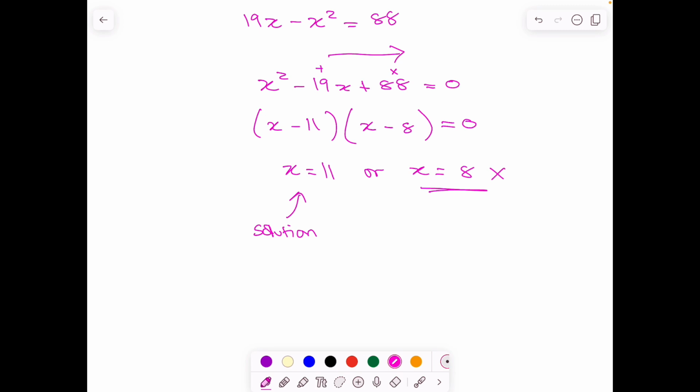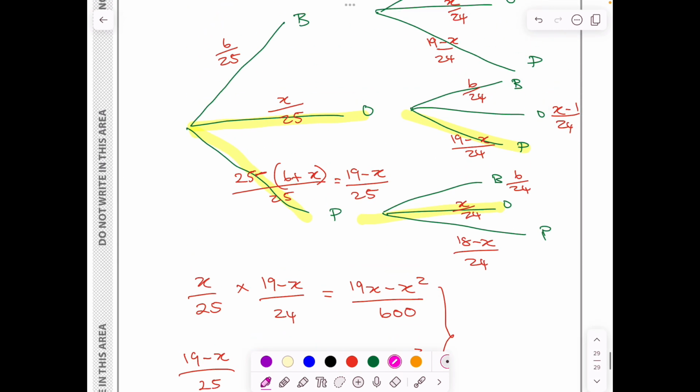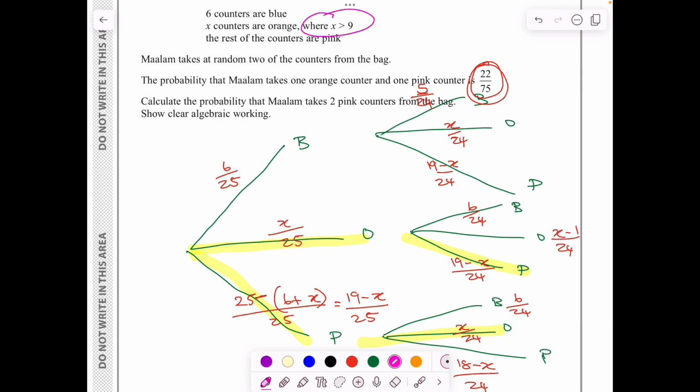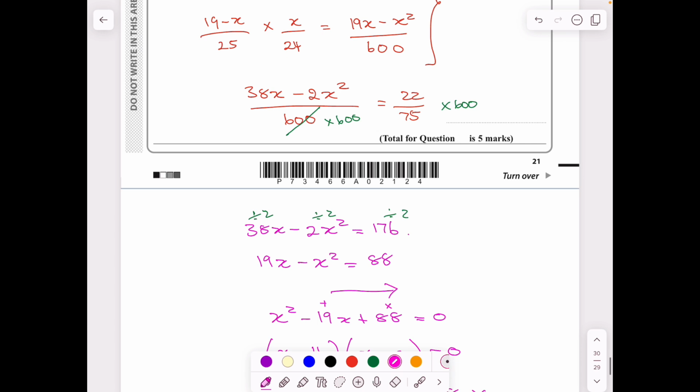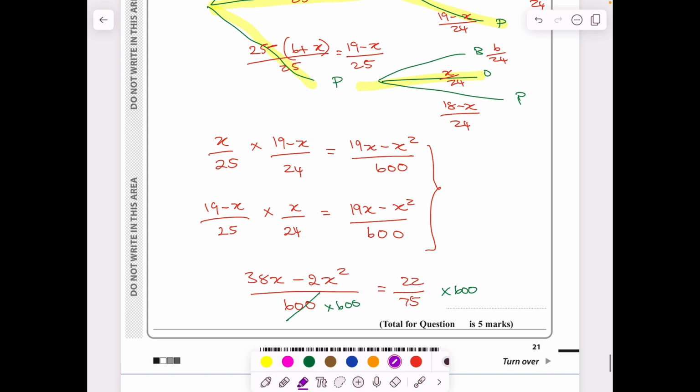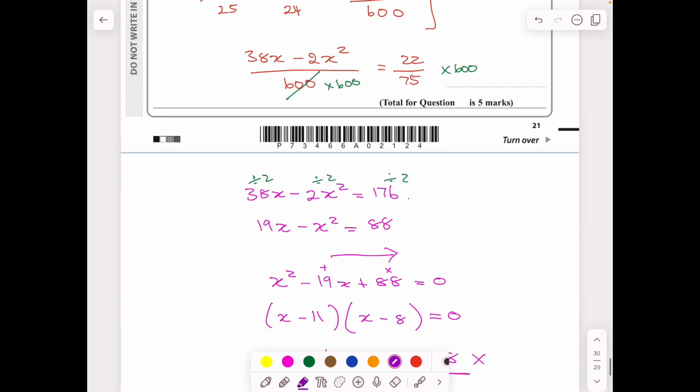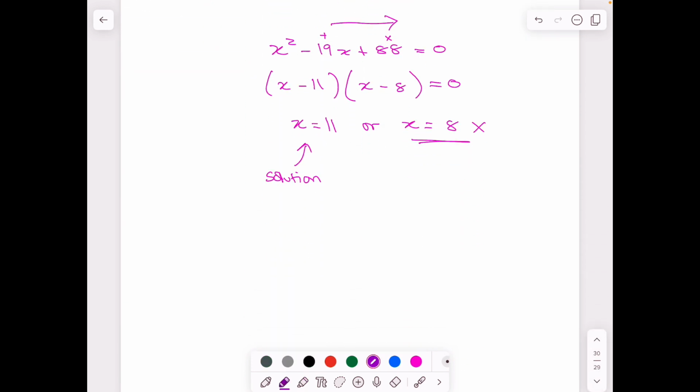Now, let's go back to the question, which tells us to find the probability that Malum takes 2 pink counters. So 2 pink would be just here, this one times this one, that's all I want. So it would be 19 take away x over 25 times 18 take away x over 24.